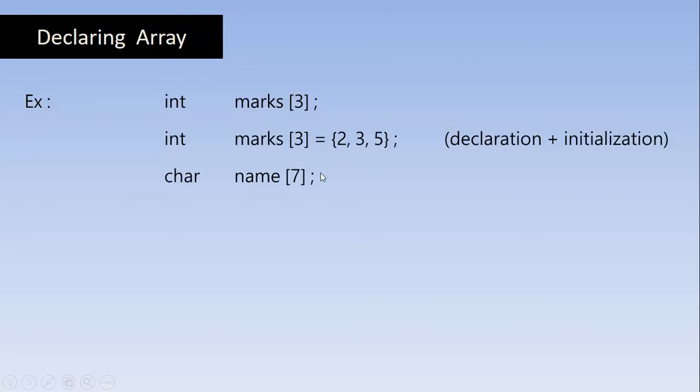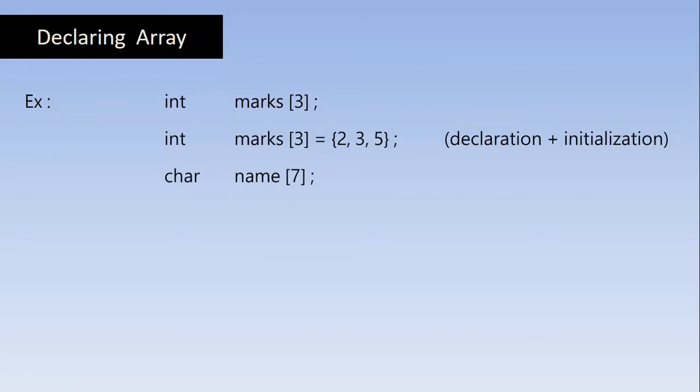Let's suppose we want to store a name in a variable. As far as we know, a character variable can hold a single character at a time, right? So if we make that an array, we can store up to any number we want. Right, char name of 7, this means this character variable can store 7 characters.